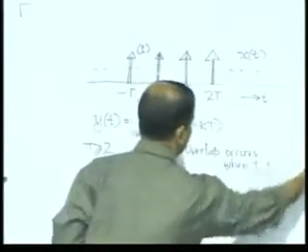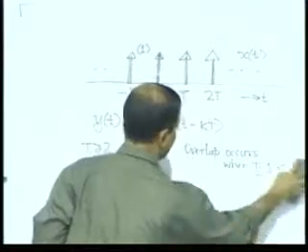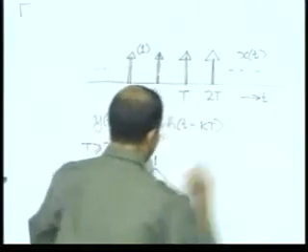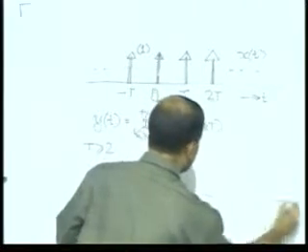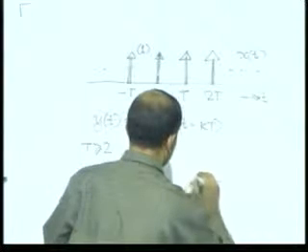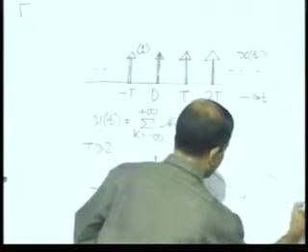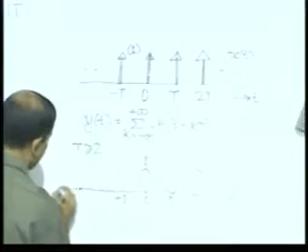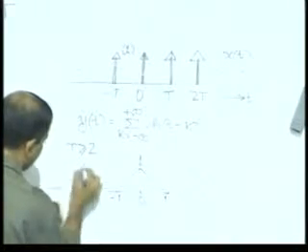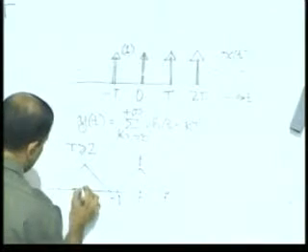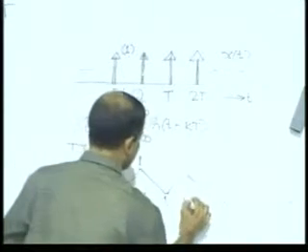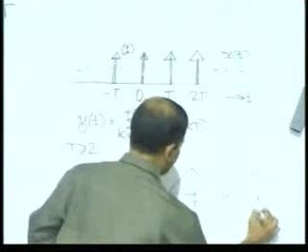It's very simple. It will simply be this triangle repeated at every multiple of t. So it will look like this. Minus t, t, 2t and so on, repeated at every multiple of t.